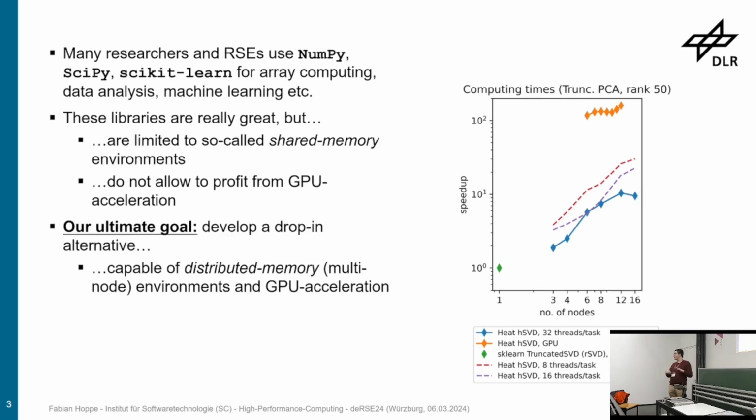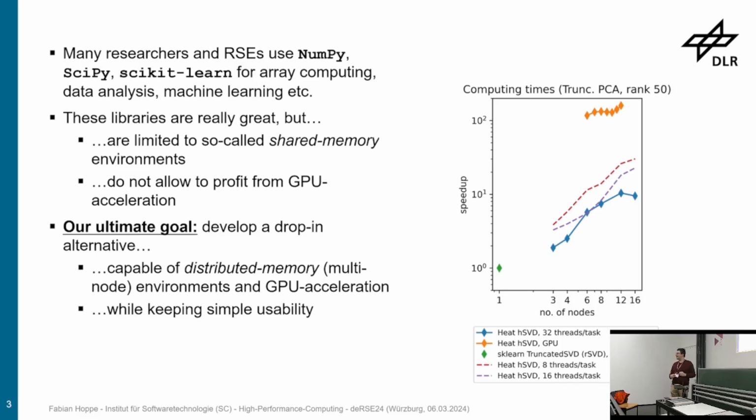And here this memory distributed setting becomes particularly important because GPUs have a comparably small memory, and there's no option. You always have a large memory node with 1 terabyte of RAM, but you don't have a large memory GPU with 1 terabyte of RAM. So in this GPU setting, you really need a multi-node setting.